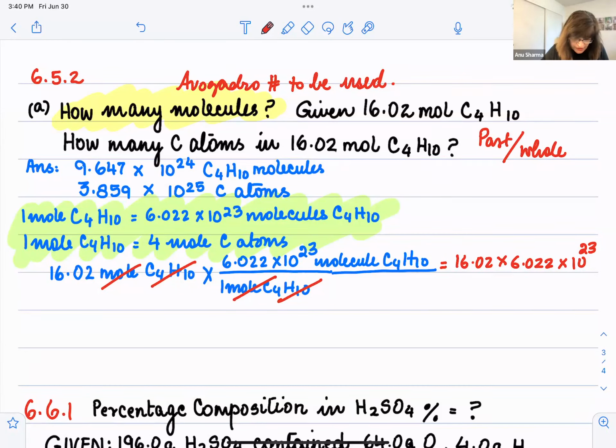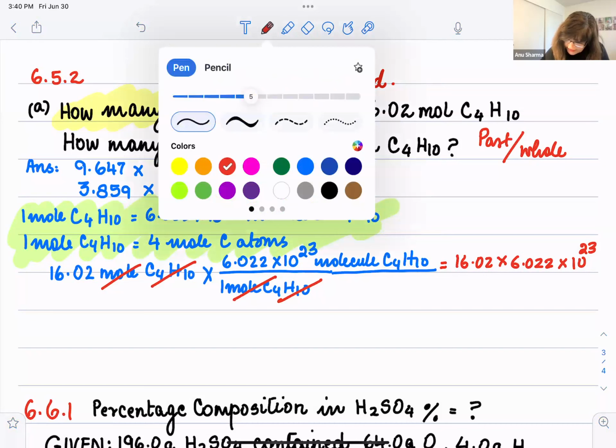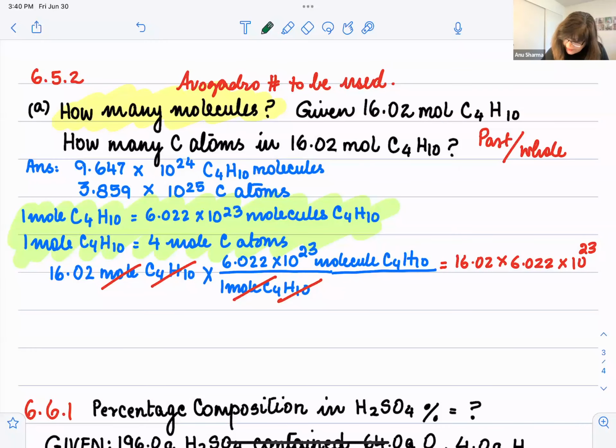So here we see 16.02 times 6.022, and the number you get is 96.472. Okay, now if you look at it, 1, 2, 3, 4, there are 4 significant figures, so the answer should also have 4 significant figures.